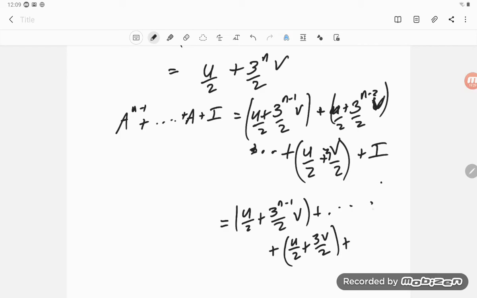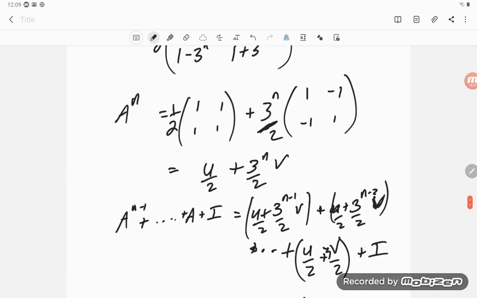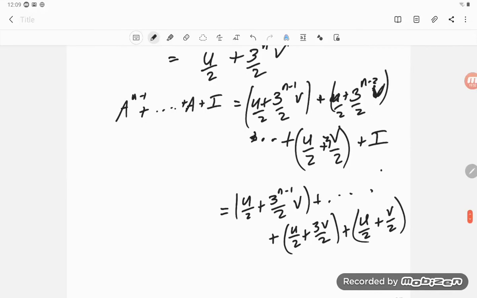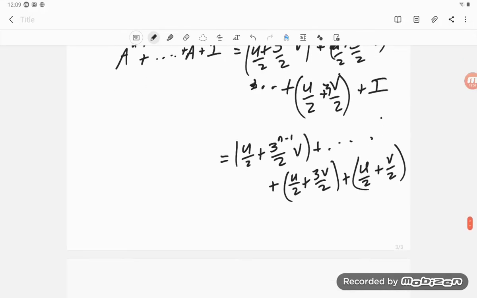But then I could be written as u over 2 plus v over 2. And if we go up here and check that, our u and v, so if I add this matrix here and that matrix there, I get a 2, 0, 0, 2, and then divide by 2, I get the identity. And so, yes, I agree with them.